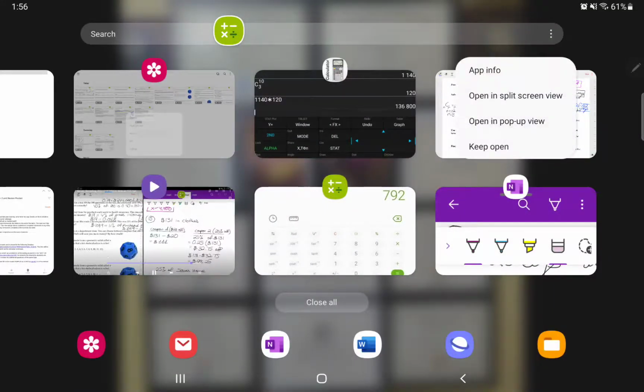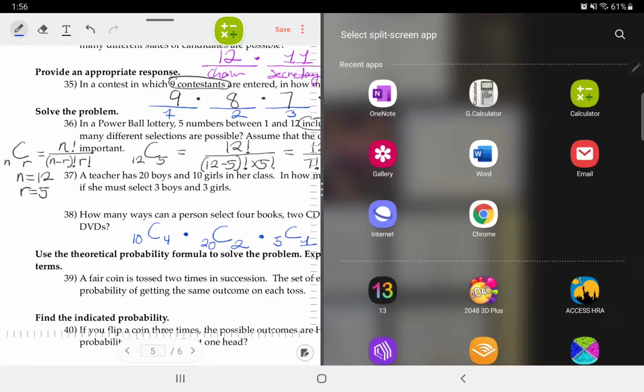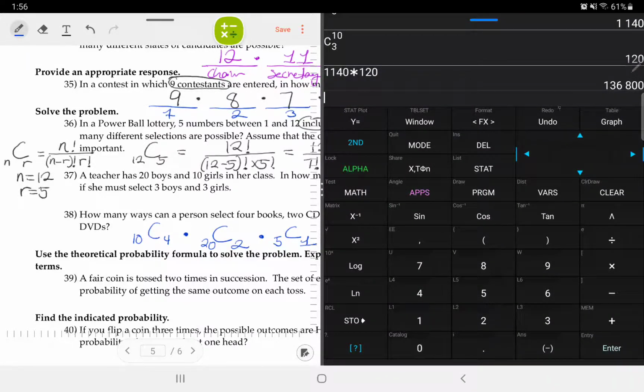So let's split my screen. Usually I don't show how I split my screen, but I'll show it in this case. Let's clear this calculator.